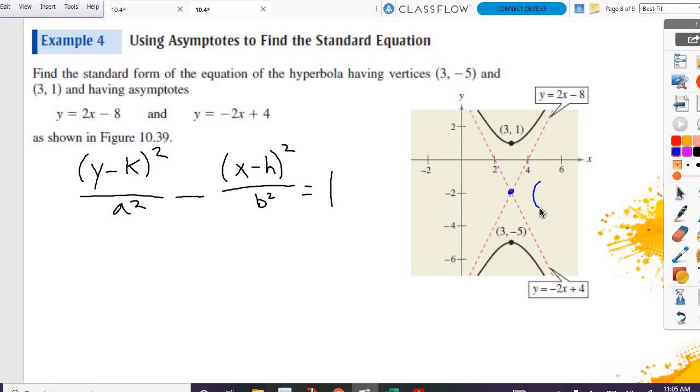So what does my x value have to be? 3. And then my y value is going to be halfway in between 1 and negative 5. So what would that be? Yes. But just realize that it might not always be super accurate. So make sure that you verify that those numbers actually give you 3, negative 2.